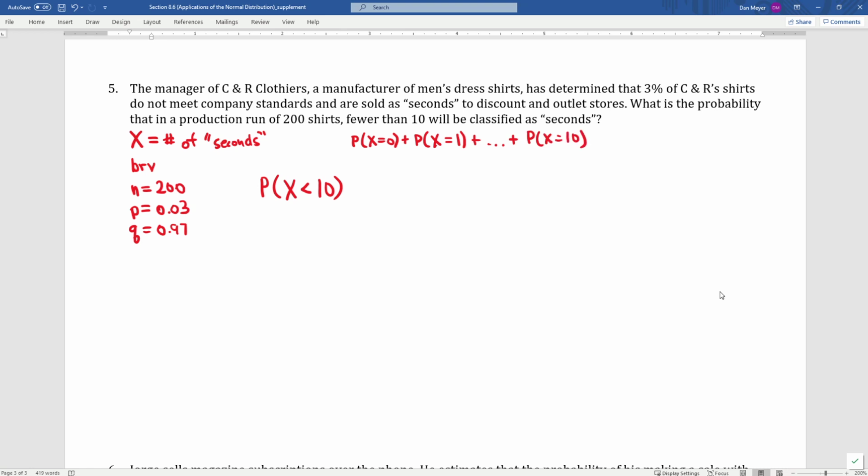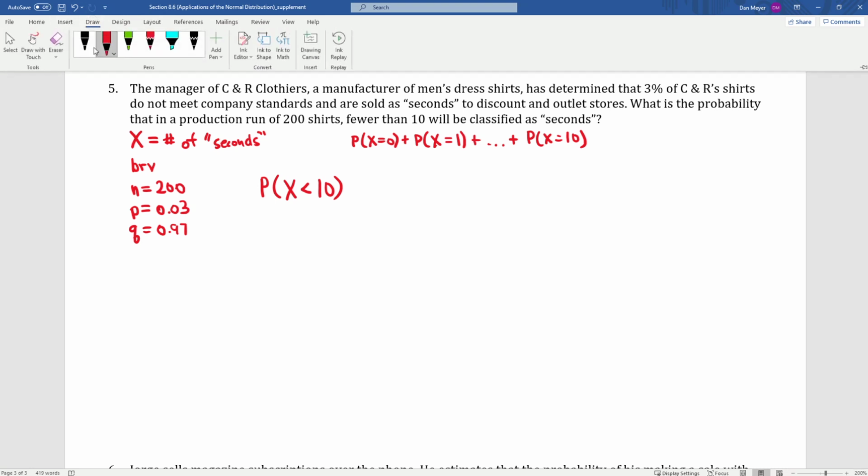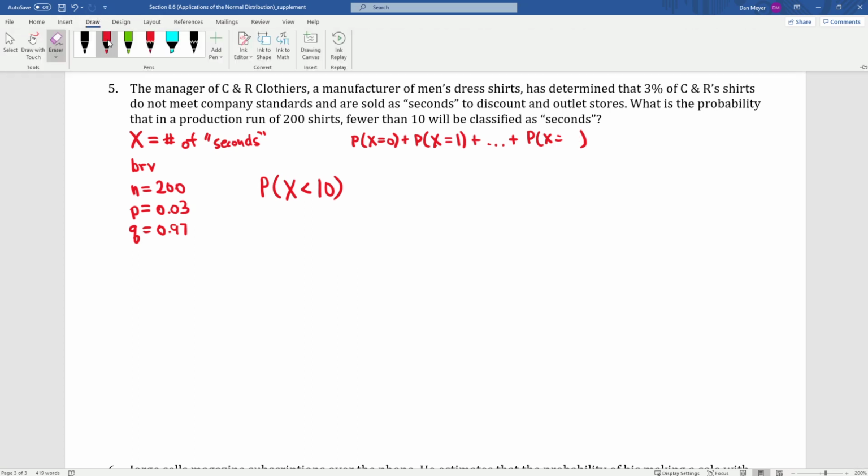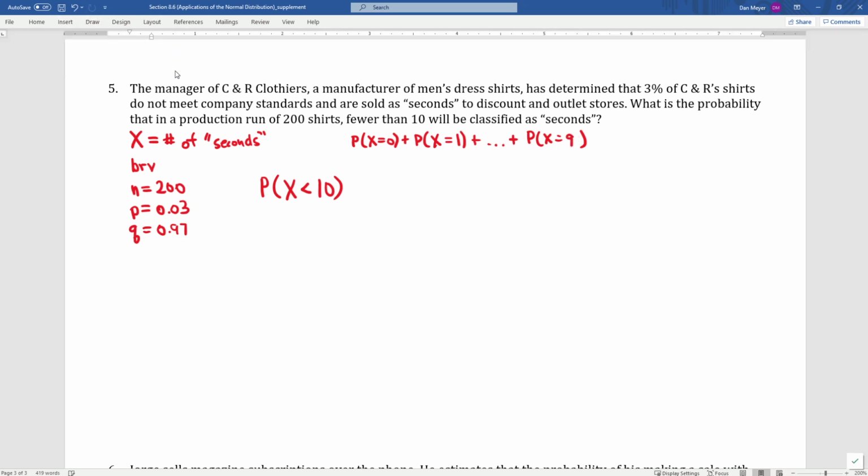Sorry, we don't want to include 10. We want strictly less than 10, so we want to just go up to 9. So our event here has 10 cases, and the complement event has like 191 cases.